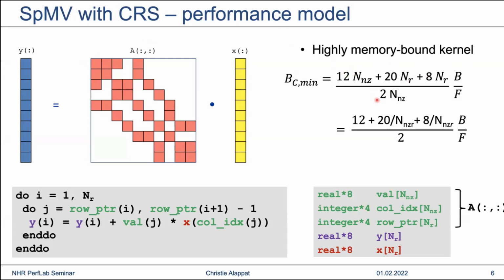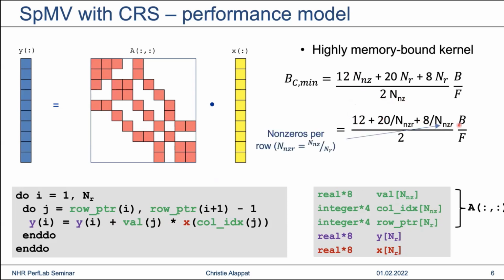So in the denominator, it is the total number of flops. If you see the algorithm, we perform 2 flops for every non-zero, and therefore we have in total 2 times NNZ flops. Now we can divide the numerator and denominator by NNZ, the number of non-zeros, and then we can simplify the equation as shown here.